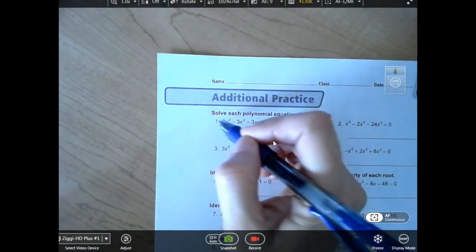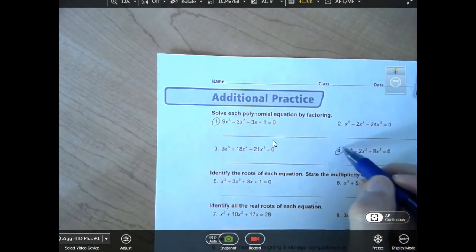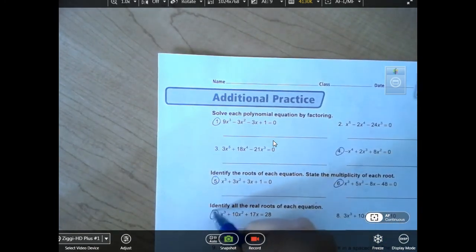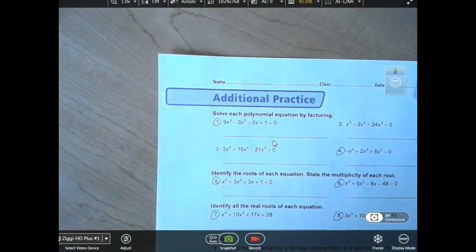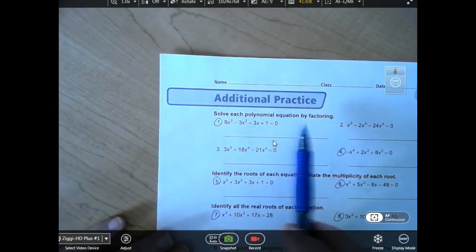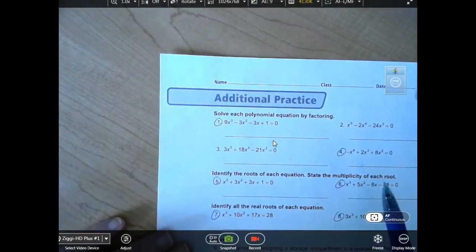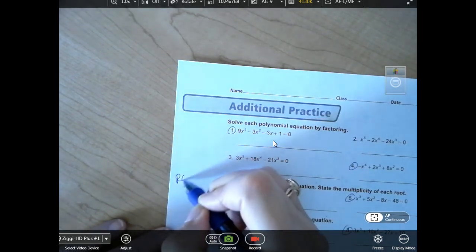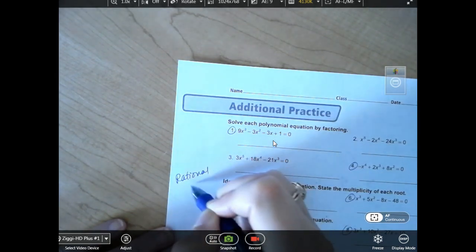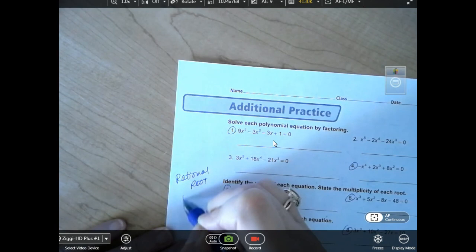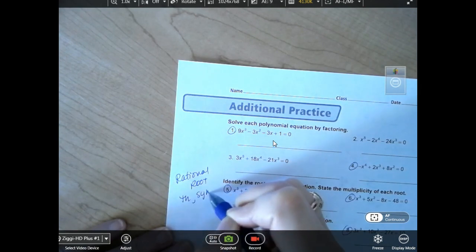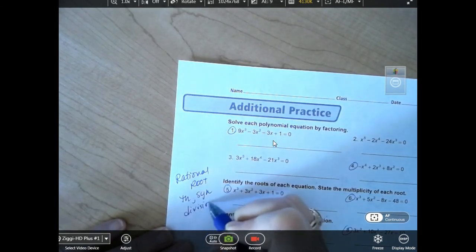And what you're going to do for homework is 1, 4, 5, 6, 7, and 8. Remember, this will be all without the calculator. The first one is just factoring to solve. You really only have, 1 and 4 are factoring to solve. 5, 6, 7, and 8, you're going to use the rational root theorem, and then you're going to use synthetic division to simplify down.